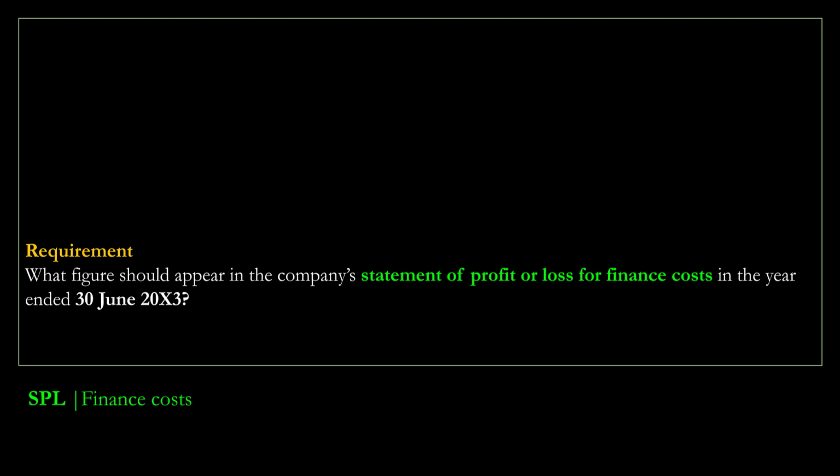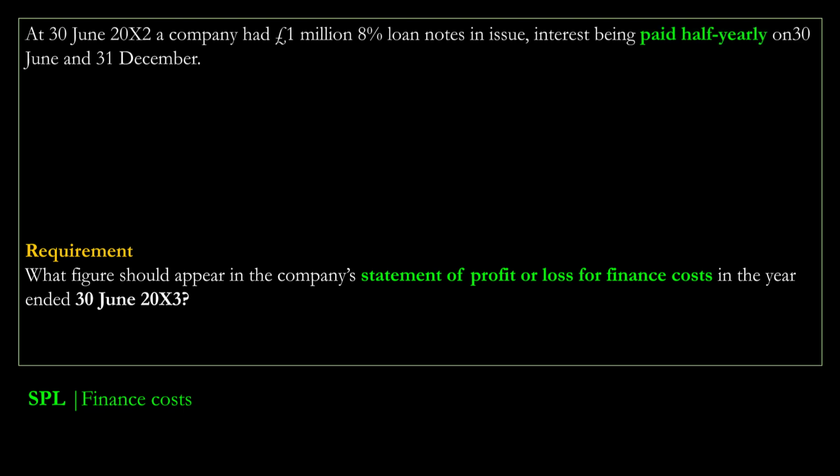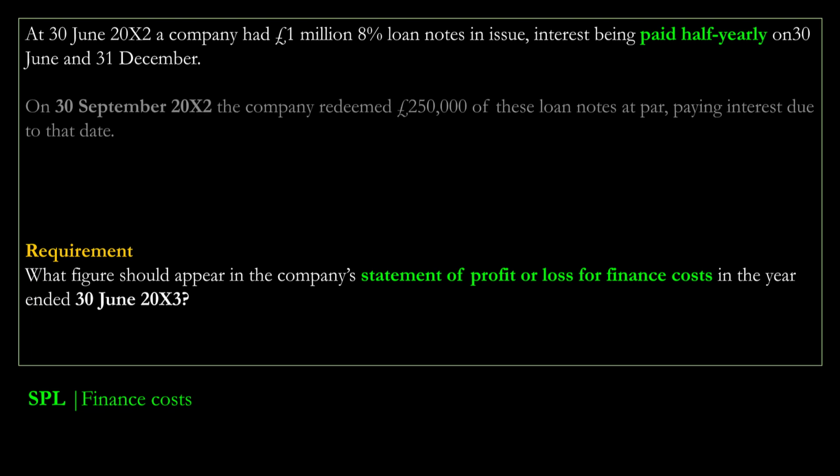It is crucial to note that I will be disregarding the timings of the interest payments for the sake of our finance costs, as it will appear in the profit and loss account. At the start of the year, there is 1 million loan liability and the interest is 8%.